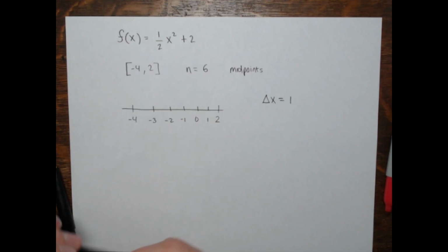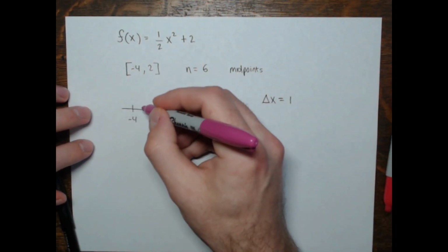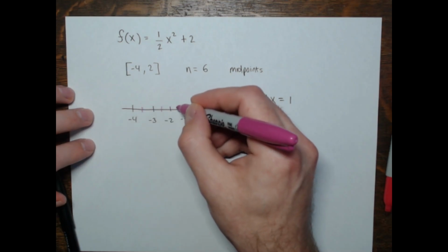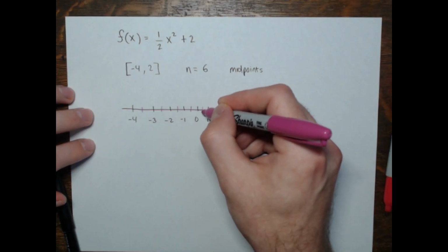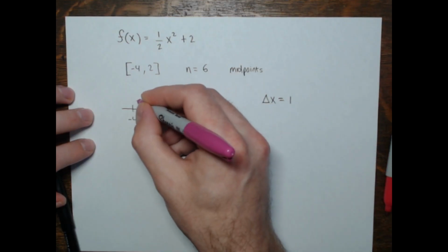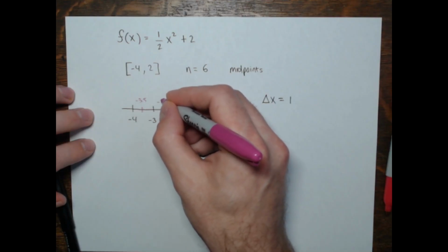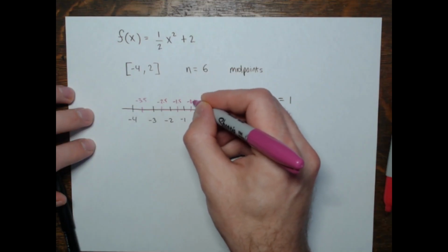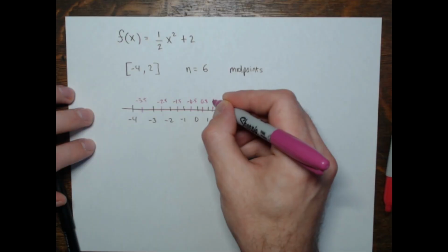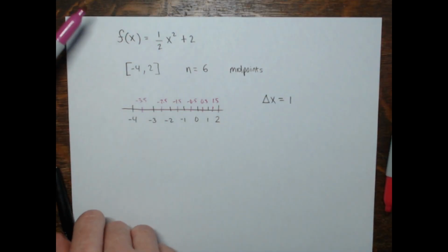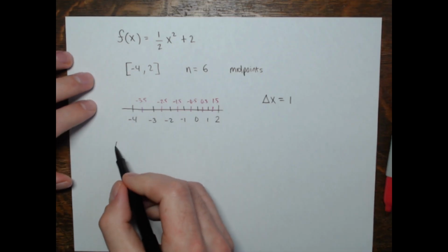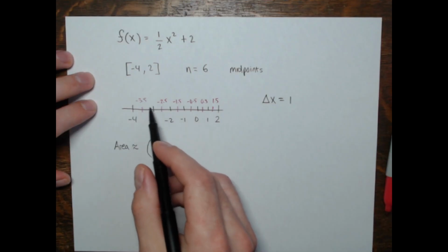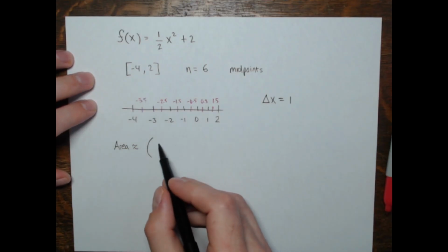They're asking us to plug in the midpoints, and this is the width of all of them. So the midpoints are all these in between: negative 3.5, negative 2.5, negative 1.5, negative 0.5, 0.5, and 1.5, right? So those are all the midpoints. So the area under the curve will be approximately the sum of the function, all the heights at these values.